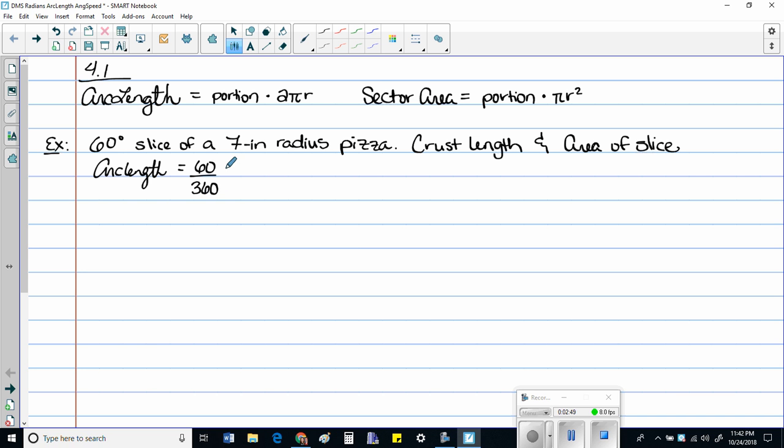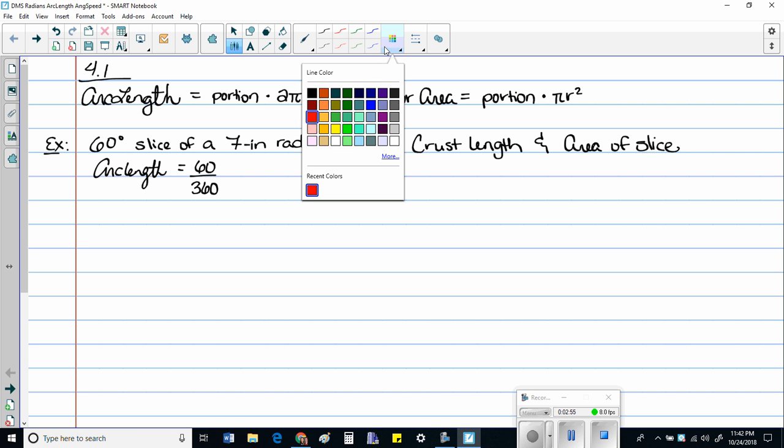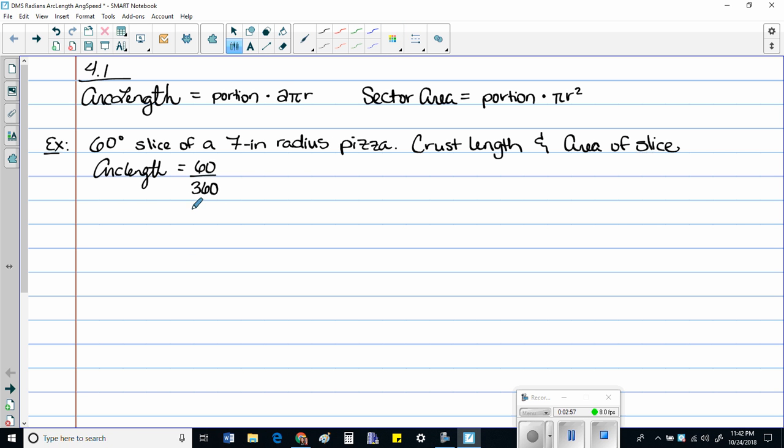If it was given to us in radians, I would do the radians out of 2 pi, because that's, again, a whole circle. And then times 2 pi times 7.